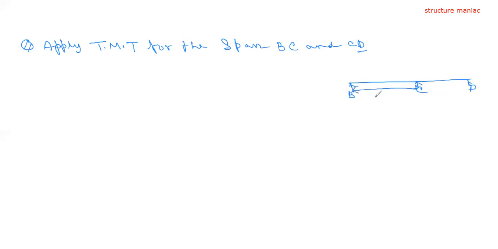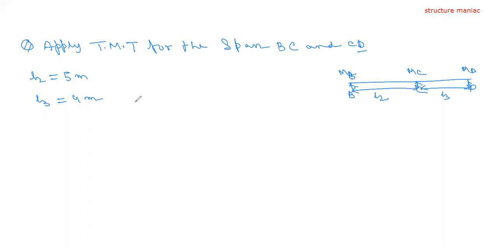So the value of L2 was 5 meter. The value of L3 was 4 meter. And here we have the moment MB, here we have the moment MC, and here MD.